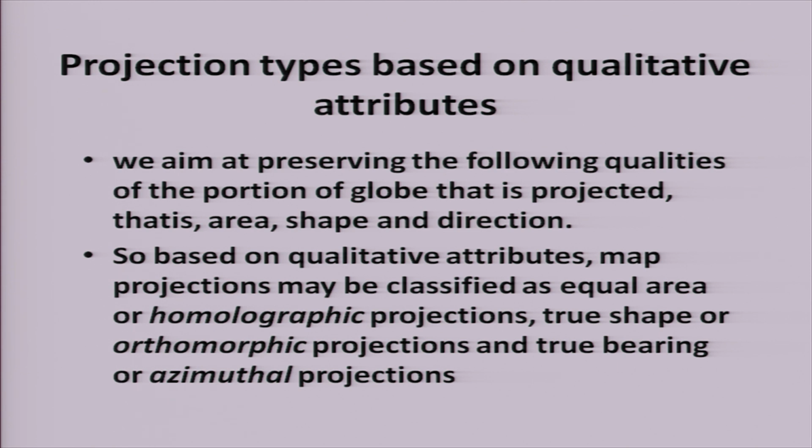In some cases only the area is preserved, or in some cases the shape is preserved, or in some cases the direction or the true bearing is preserved. So if a projection is preserving the area or representing the true area of the globe, it is called equal area or homolographic projection. If it is representing true shape, then it is called orthomorphic projection, and if it is showing the correct bearing or direction, then it is called azimuthal projection.